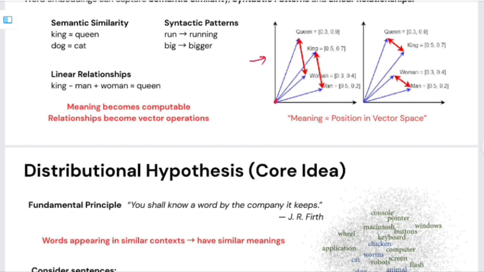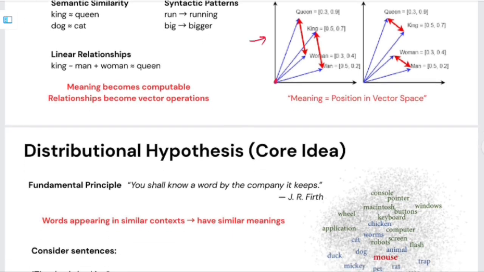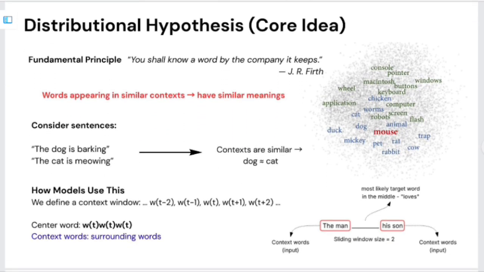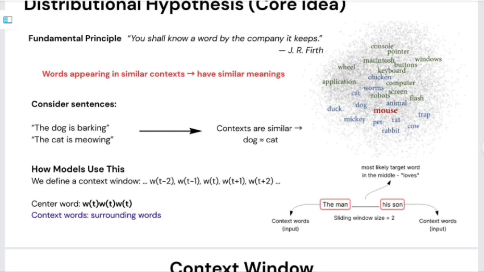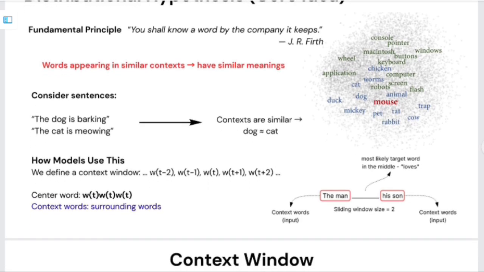But all of this is built on a very simple principle. Let's discuss the distributional hypothesis. The fundamental principle is: you shall know a word by the company it keeps. What this means is that words that appear in similar contexts tend to have similar meanings.